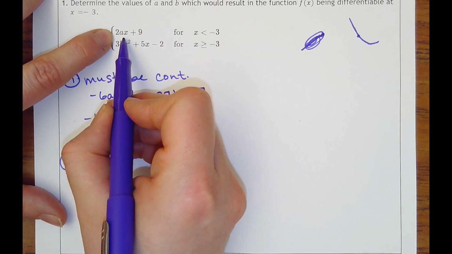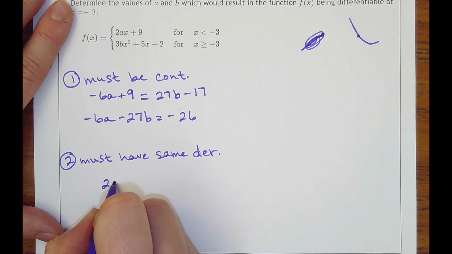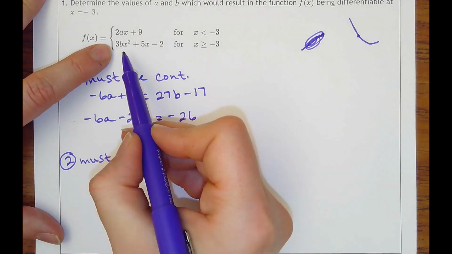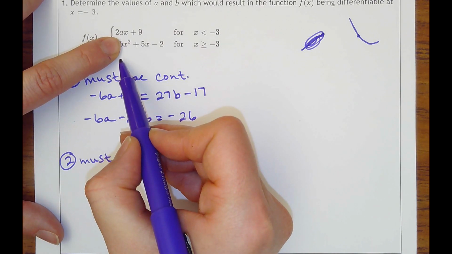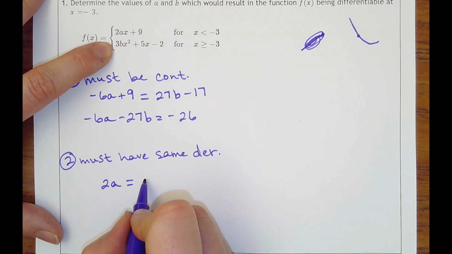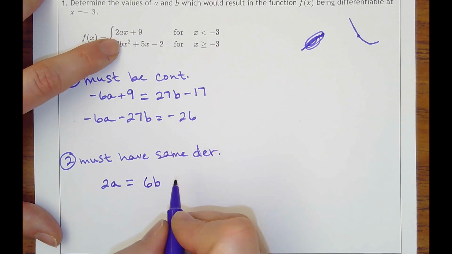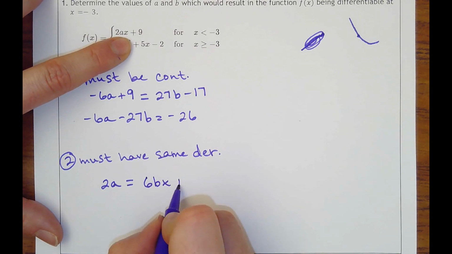If we have 2ax, the derivative is just the constant 2a. So 2a equals, here, same thing, 3b is all a constant. So I take 2 times 3b, which is 6b, and then the x reduces in power. And then this would just be plus 5.